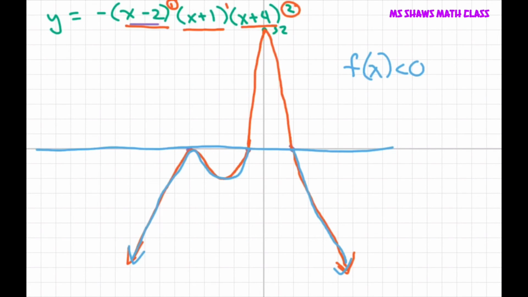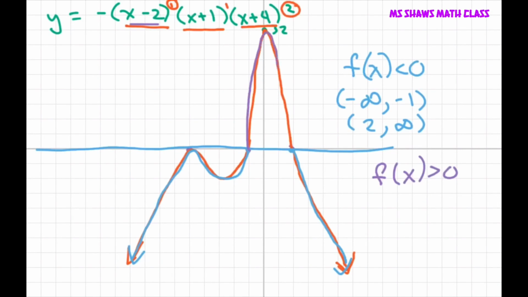That's going to be from negative infinity to -1, and then from 2 to infinity. And where is our y positive? Your y values are positive right up here in this area, and that's from -1 to 2.